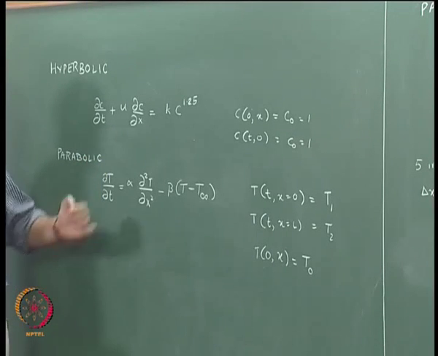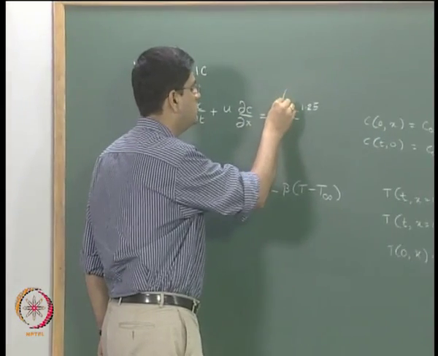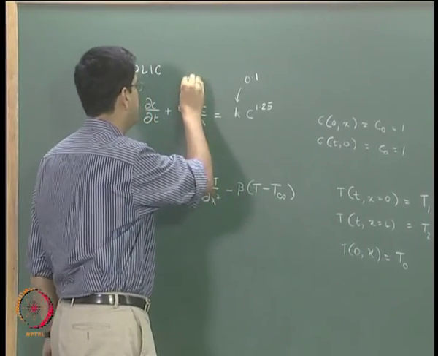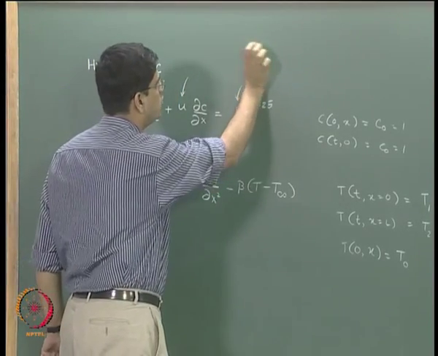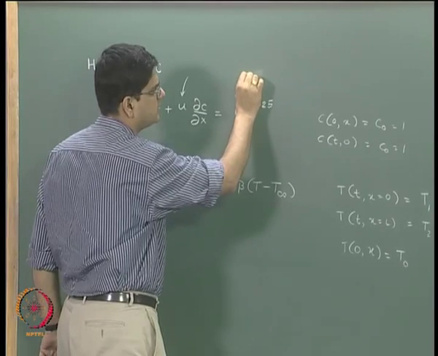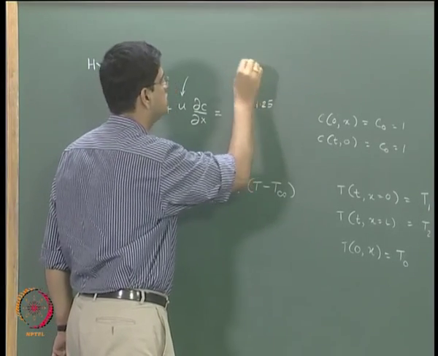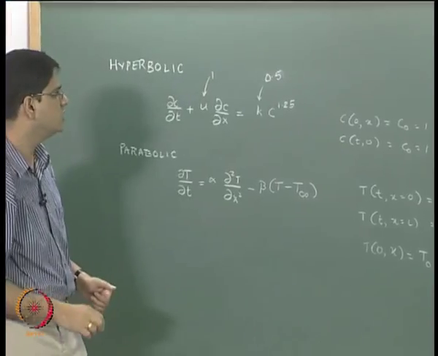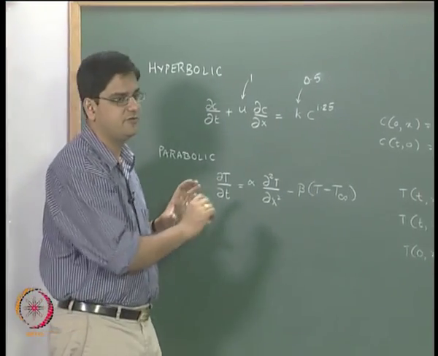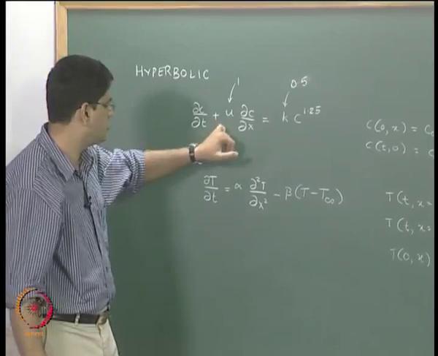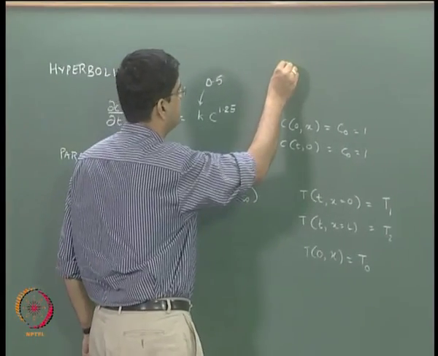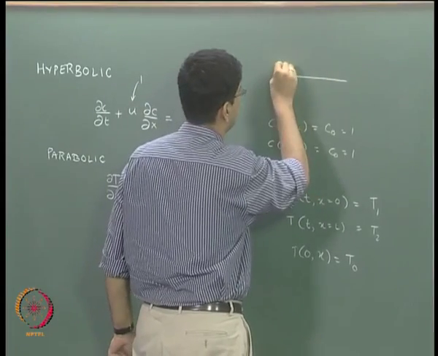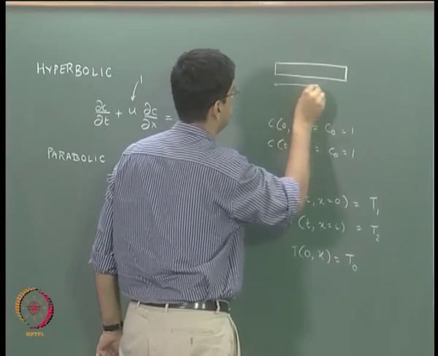From the previous time, basically we had taken our k value as equal to 0.5 and our u value was equal to 1, and we were trying to look at the overall reactor of length 5 centimeters.